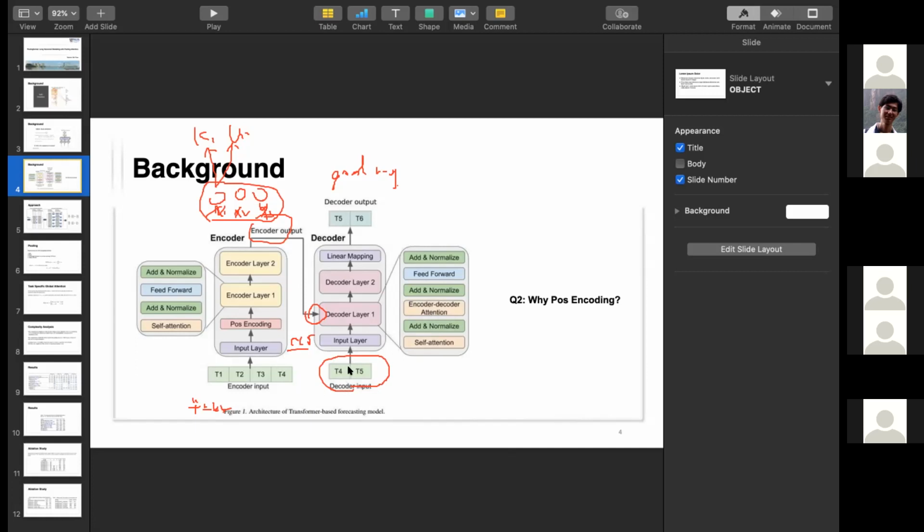Or do you mean that the starting vector is actually T1 here? Yeah, the CLS vector, we can treat it as T1. So are we using these vectors or these vectors? We use the output of the encoder.